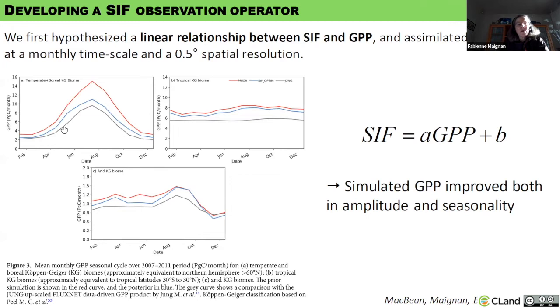The reference product for GPP is an interpolation of FluxNet estimates, in gray. You see the prior simulation in red is way too productive, and after assimilation of SIF data, the GPP is closer to the reference product, and you reduce the growing season length, for example, here in the temperate and boreal regions.